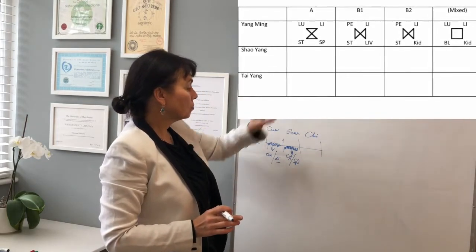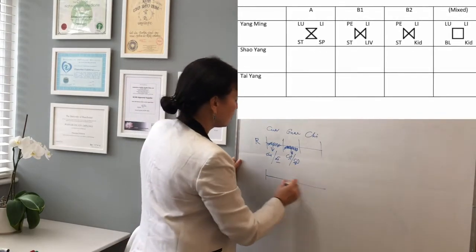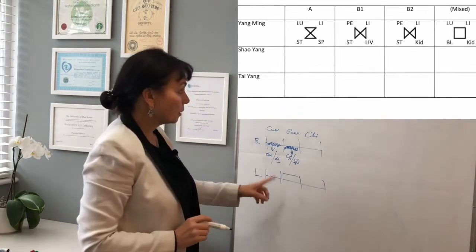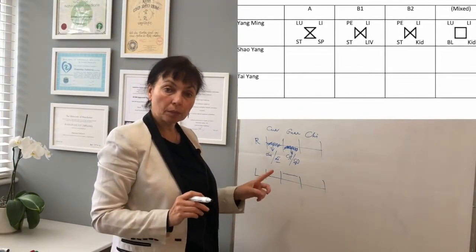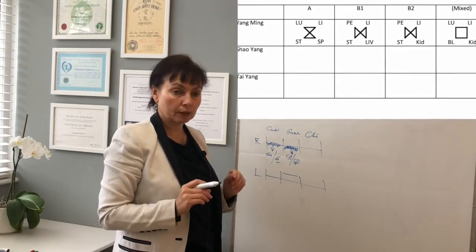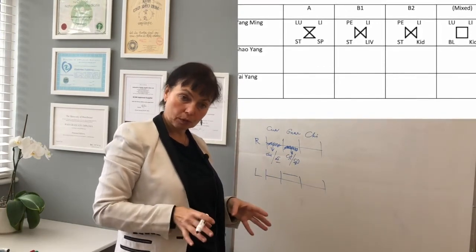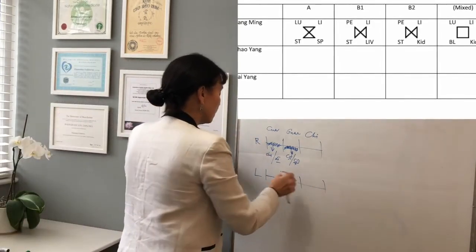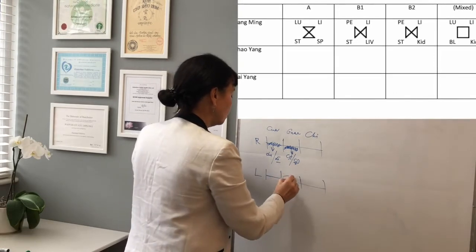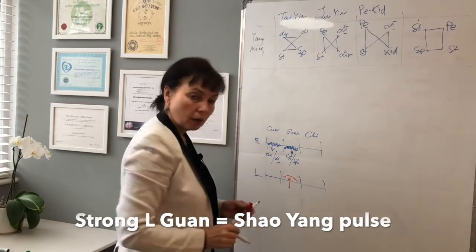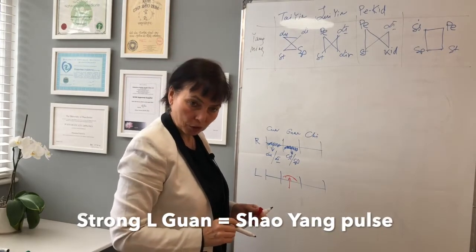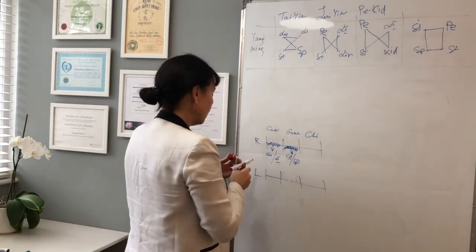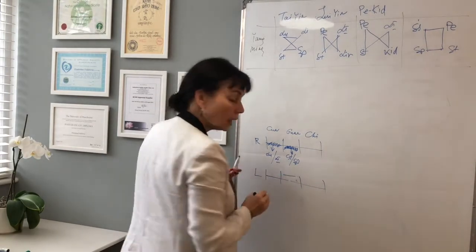If someone came with the wiry pulse on liver meridian, for example, very wiry, don't forget that normally liver pulse should be a bit wiry. If it's not wiry, there is something wrong with the liver. If the liver pulse is like this, and it's strong, this will be Shaoyang pulse. We call it Shaoyang. If the liver pulse is wiry, it's okay.